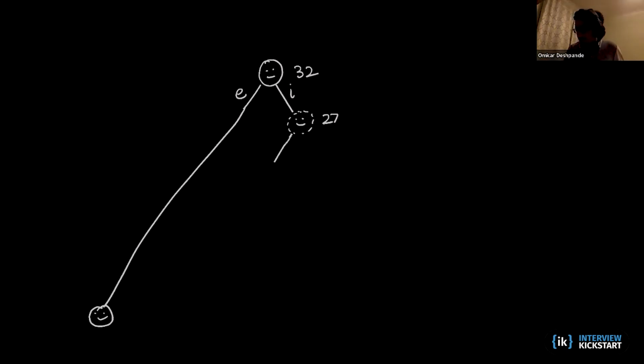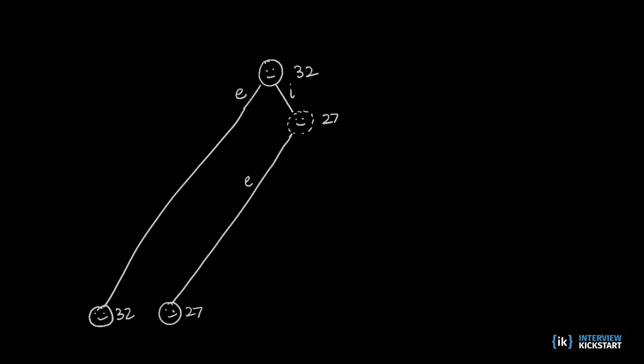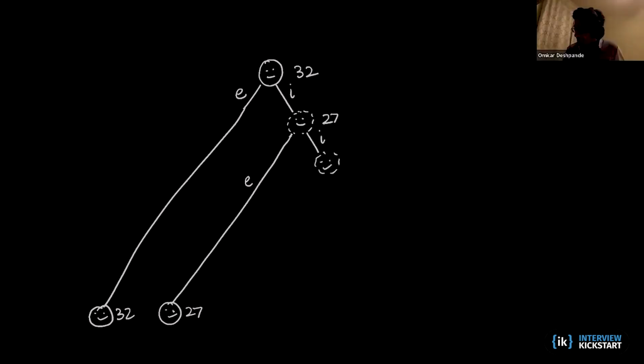So if he or she decides to exclude one more copy, I'm going to come here. So this amount is 32. This amount is 27, or include one copy. So the amount left is 22.